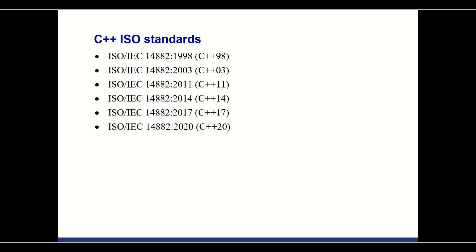They are typically referred to by a short informal name, like in this figure, ISO, IEC. All these are short abbreviations. Okay. So right now we are using C++20, the ISO 2020 version of the language.